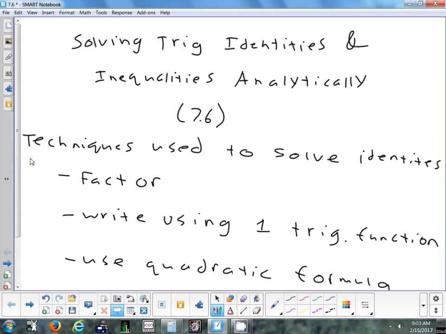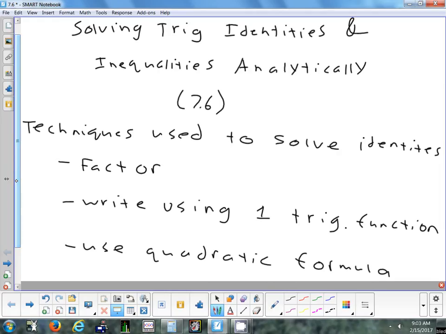So when we're solving a trig equation using algebra, some of the techniques we can use are to factor. You factor a problem with trig just like you would factor a problem with algebra. Same idea. Another technique is rewriting using one trig function.